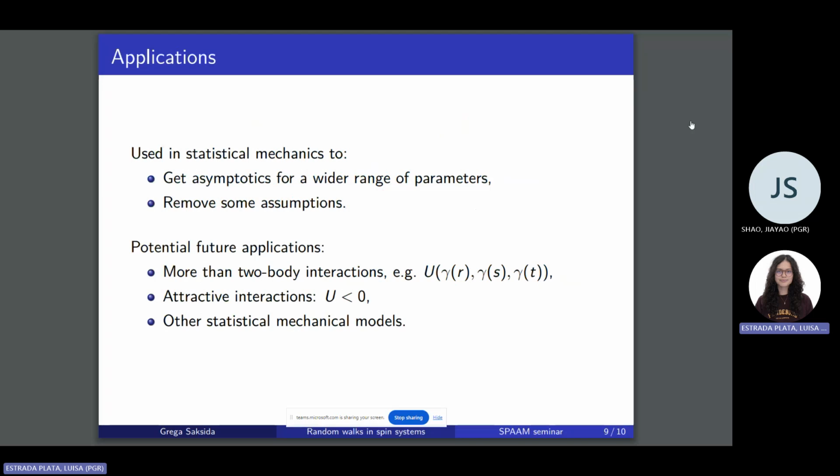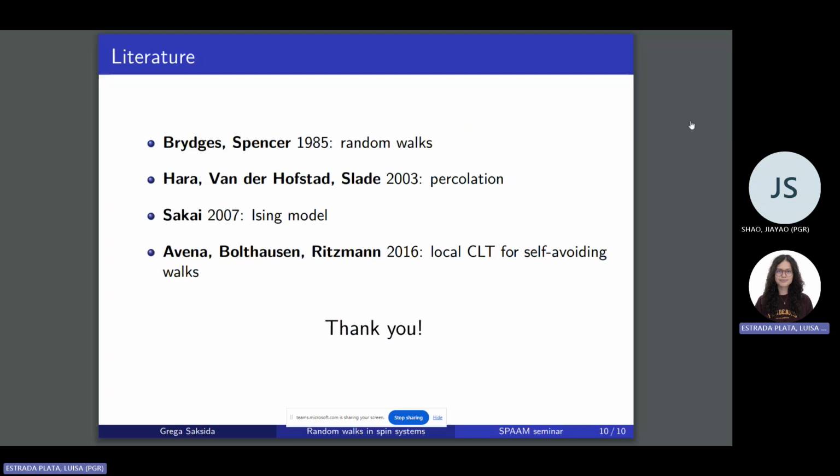And just for the end, I guess this actually comes at the beginning, but I thought we'd better put it at the end. Some literature review. This technique, the lace expansion, was introduced in 1985 to study random walks, and then much later, mathematicians started realizing that it can be used in other models. For example, in 2003, it was used to study percolation.